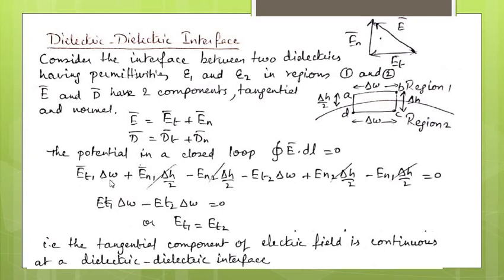Delta W is the distance between A to B, plus En1. En1 is the normal component of electric field in medium 1 into delta H by 2. The next term is minus En2 delta H by 2. Here this negative sign indicates that the field is moving away from the boundary.